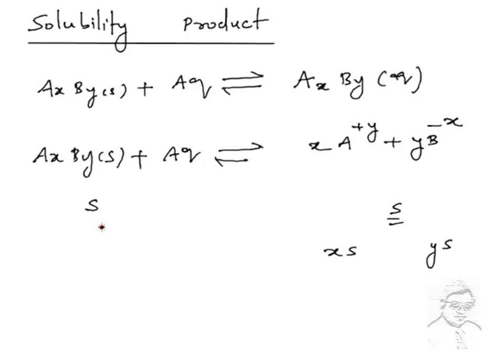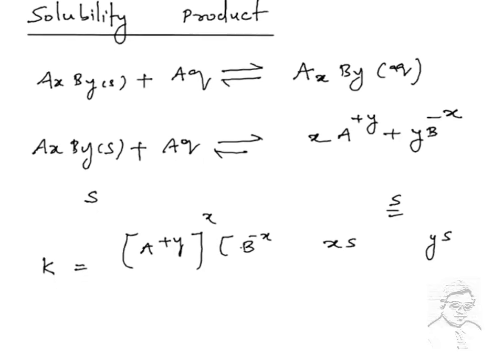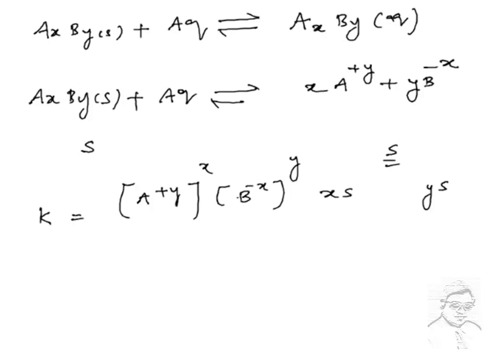For any equilibrium, we can talk of equilibrium constant, Kc. Here also we can do that. So when we write the equilibrium law, Kc equal to that, then look at the denominator. You know the activity of solid?